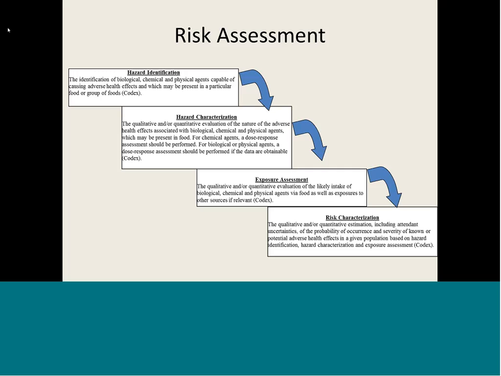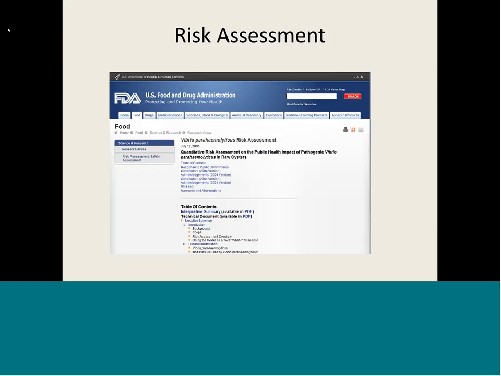Now this, like the other steps, can be qualitative or quantitative. But this is basically where you estimate the probability and that consequence that you are addressing in your risk assessment. You would also do that by paying very close attention to the significant uncertainties that you encountered in this process. So that's kind of an overview of the Codex risk assessment model for food safety.